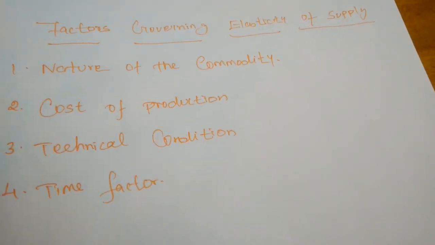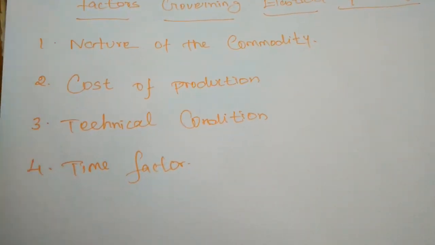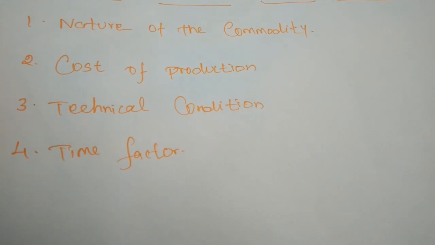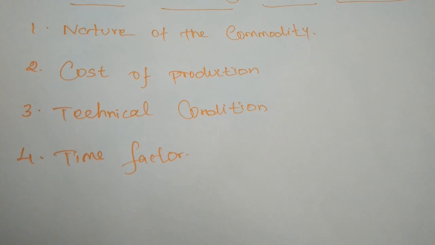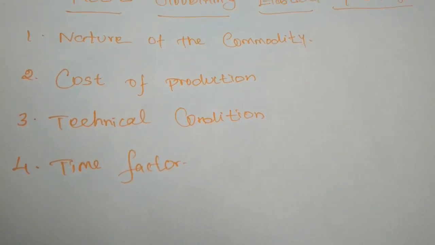So during the short time period, the supply of the commodity will be very low. But in the long period, even the fixed factors can be added and hence supply is highly elastic.